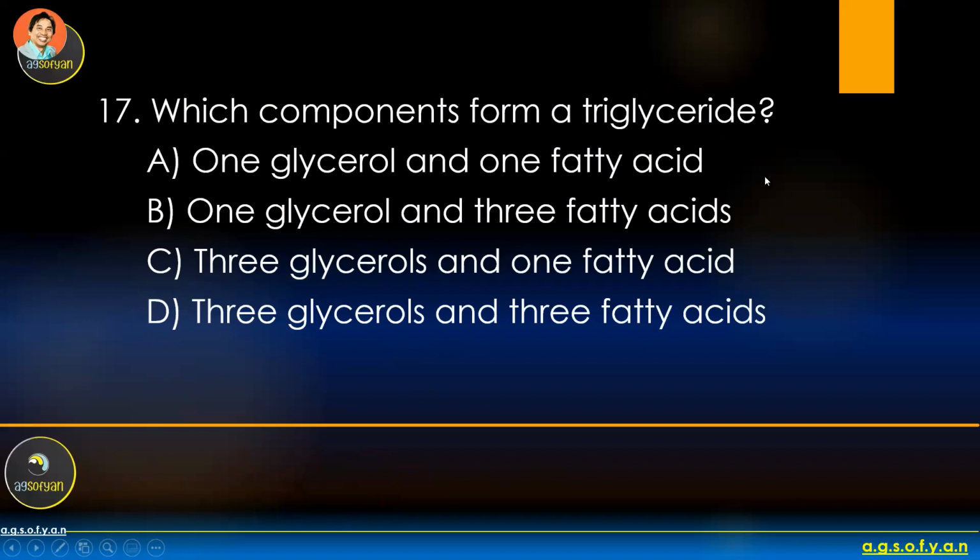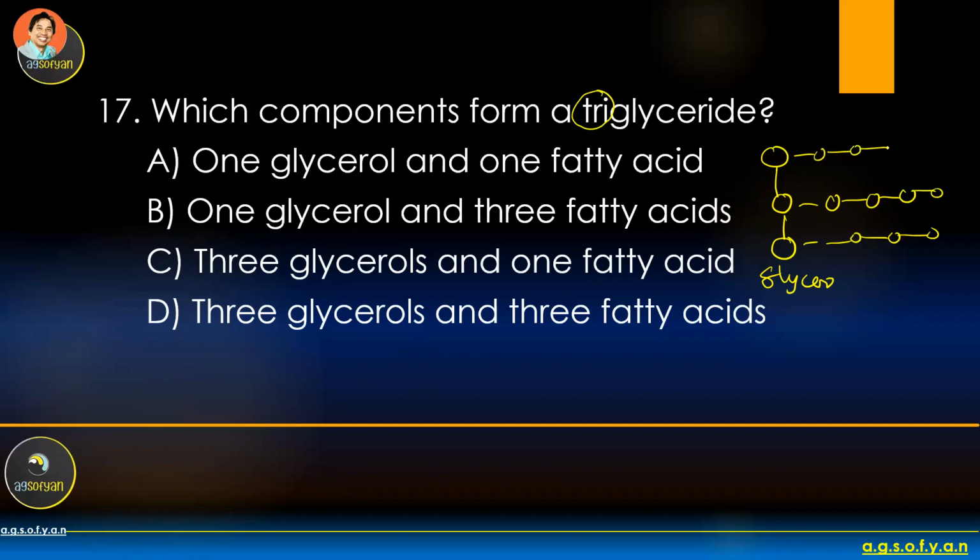Which components form a triglyceride? A, B, C, or D? Okay, so the name is telling you there is three. This substance is actually composed of one glycerol, which has 3 carbon, combined with 3 fatty acid.